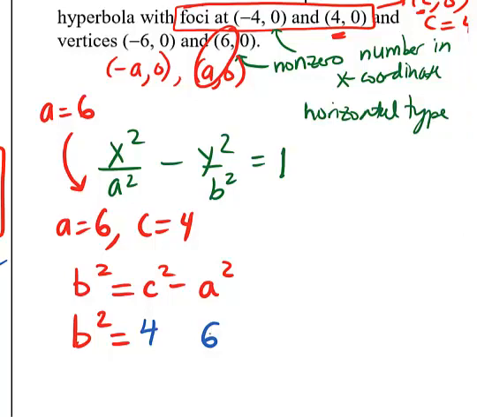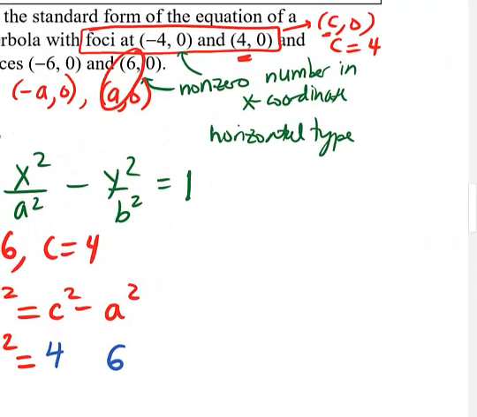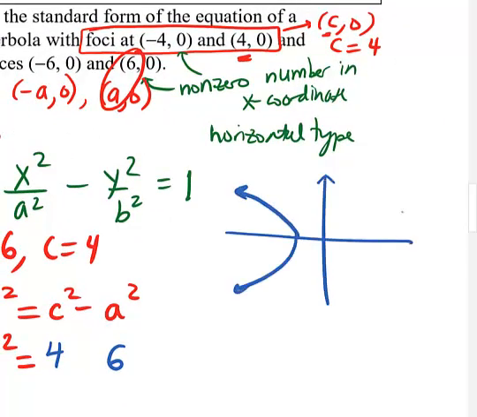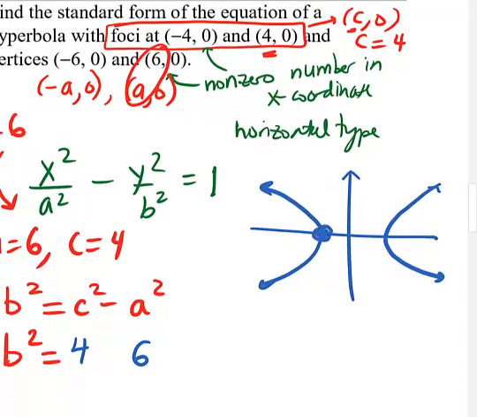I'm sorry. Because if you picture this graph, it's supposed to look like this. It's a horizontal type, and it says that the vertices are at negative 6, 0. So this is at negative 6, and this is at positive 6. But the way these things work, the foci are supposed to be within the branches of the hyperbola.